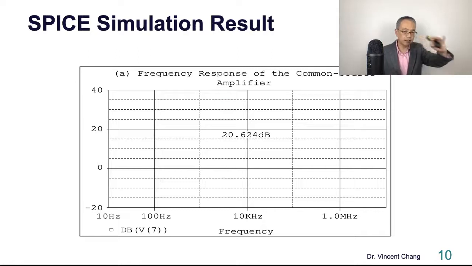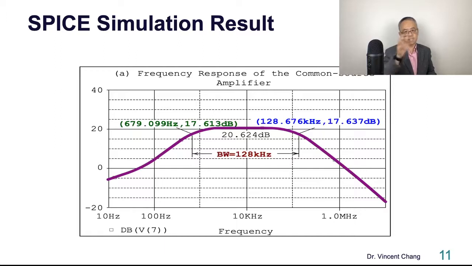This is the simulation result for a MOSFET common source amplifier. The 20.6 decibel is the mid band gain. If you sweep the frequency from 10 Hertz, 100, 1K, 10K, 100K, you will get this.